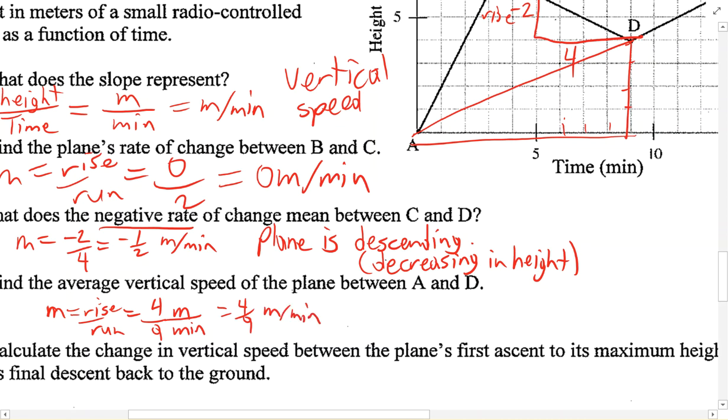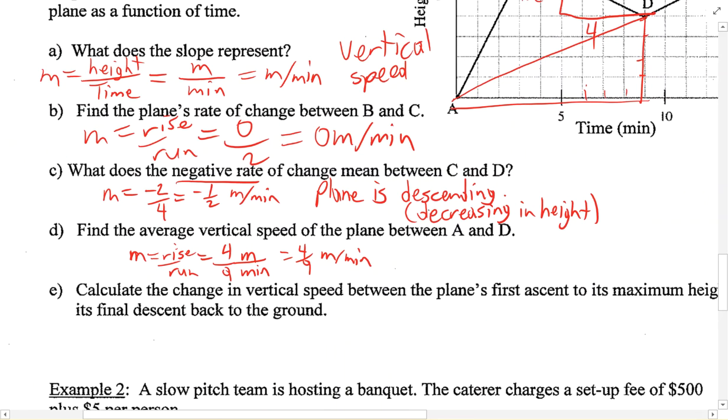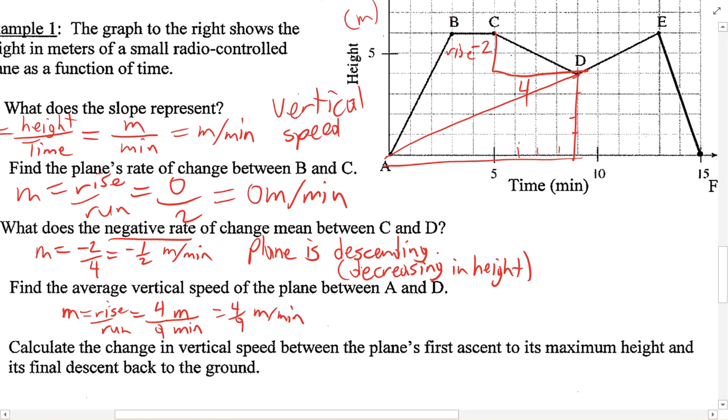Okay. And so that's the average vertical speed. So you are going up. You're starting on the ground, and then it's rising that far. So it's just our average.